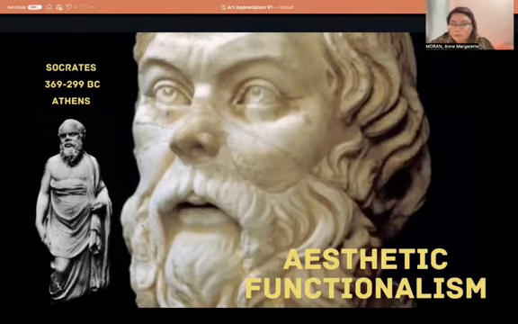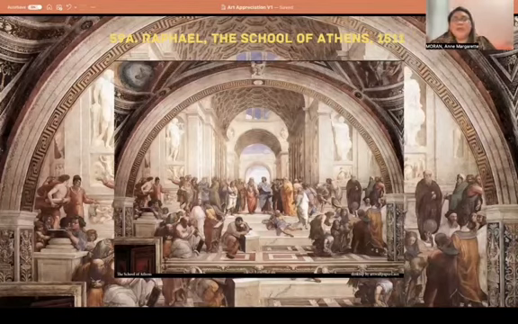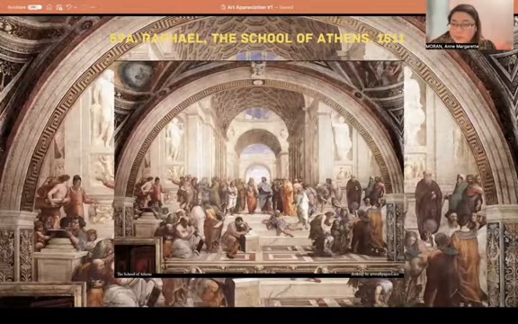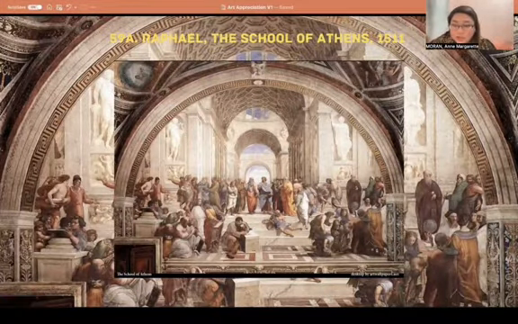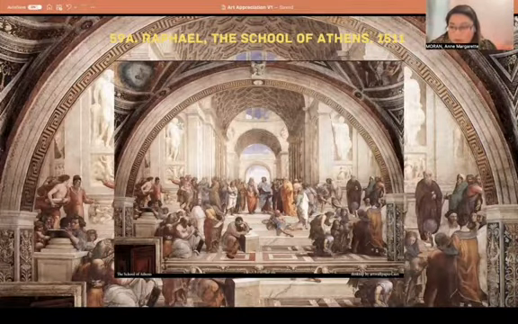And for this one, another example is this. So this is a painting of Socrates, or Raphael's School of Athens. If you are seeing these two, this is actually the trial of Socrates, because there were charges against him: one, not honoring the gods of Athens, and the second, corrupting the youth of Athens.